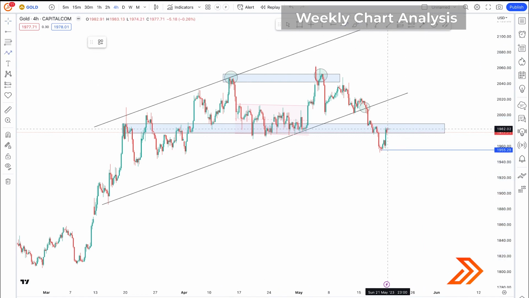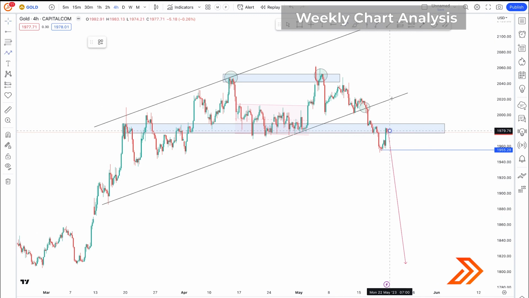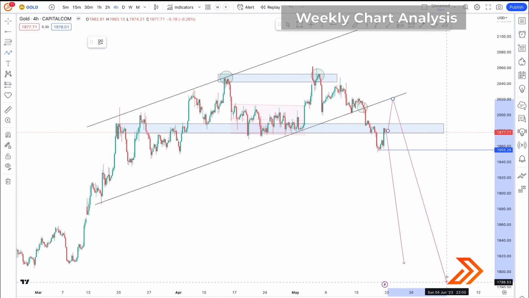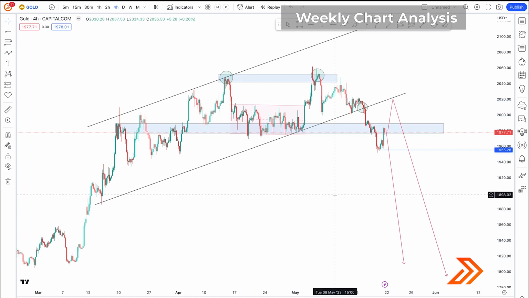We could see price just drop off down to this low, or we could see price go back up to further retest this zone, this resistance trend line, and then make a major move down. This is another likely scenario that might play out on gold.